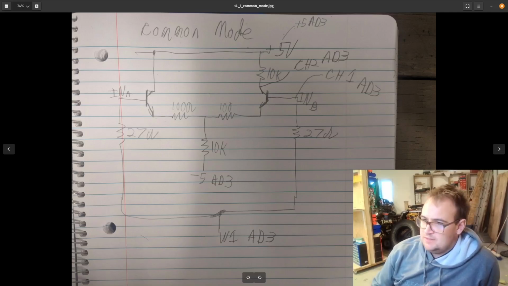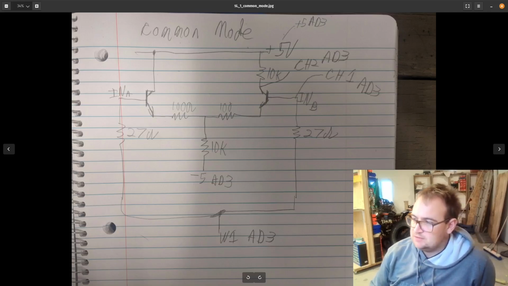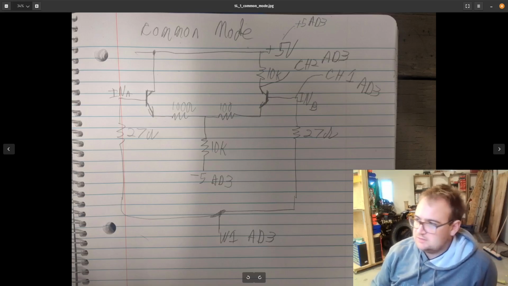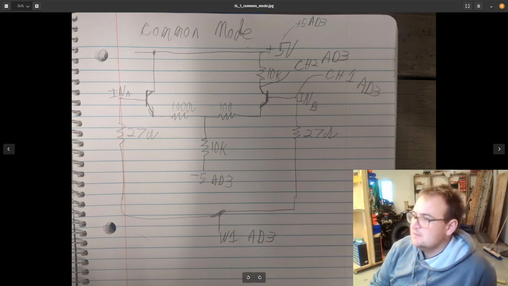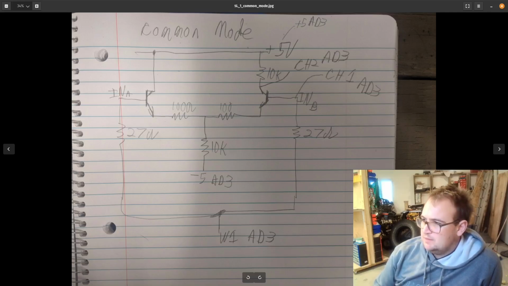Now, this is for the common mode calculation. We've got the wave function generator on the Analog Discovery 3 going to both of them. Then we have channel 1 at the input of one transistor, and channel 2 at the output of the circuit.